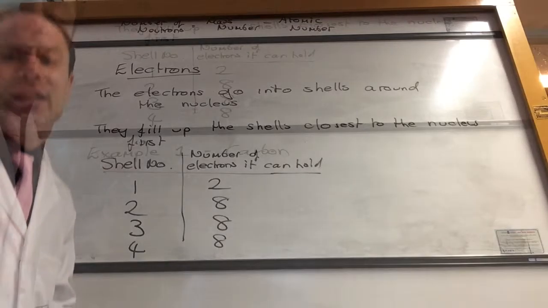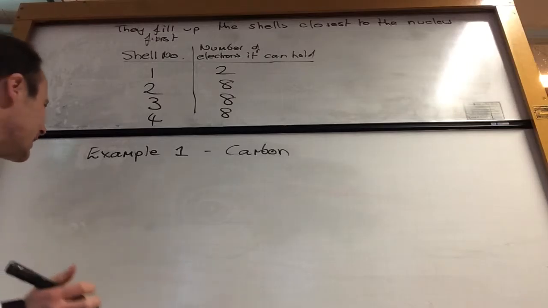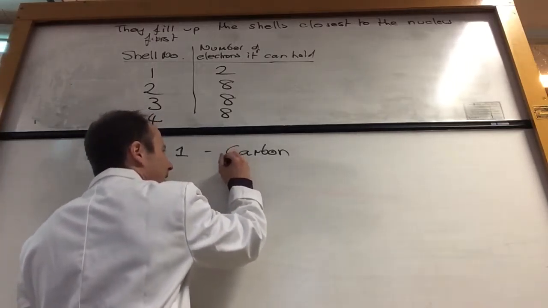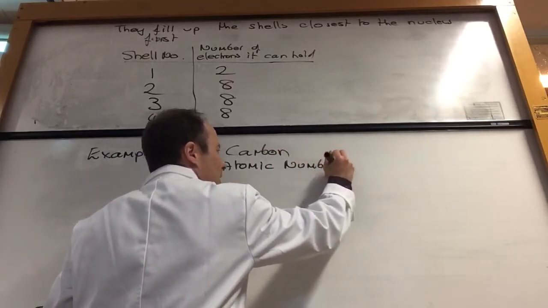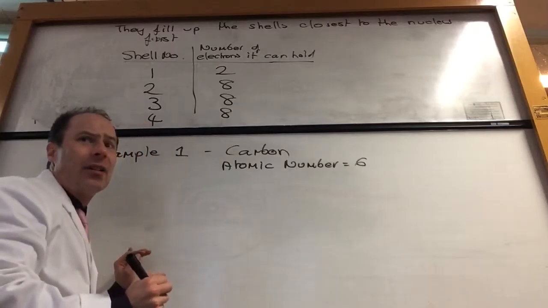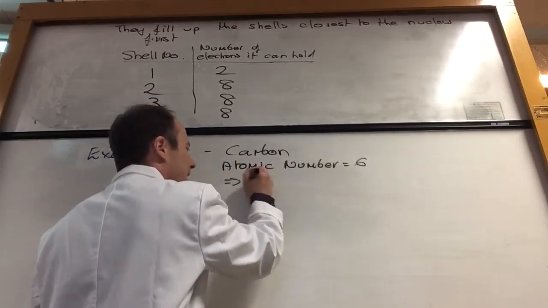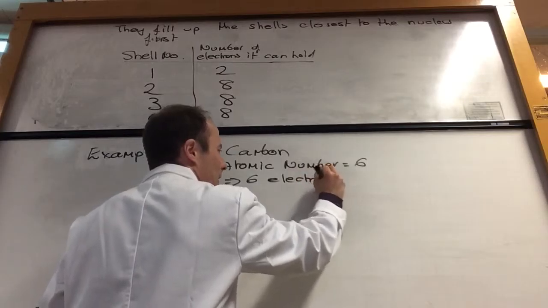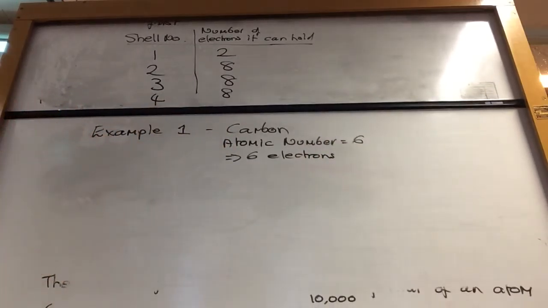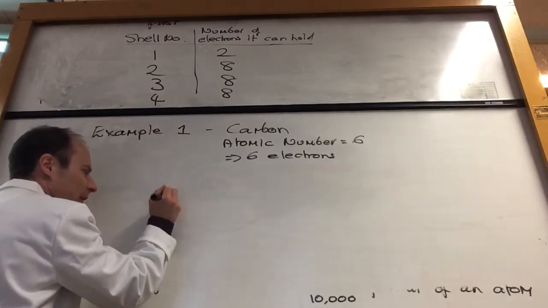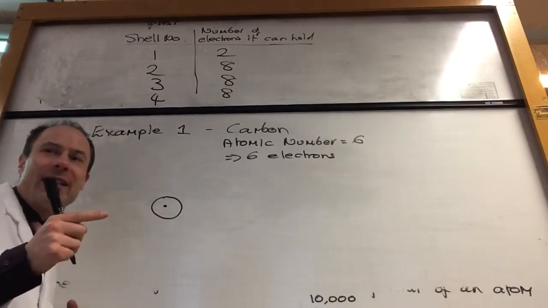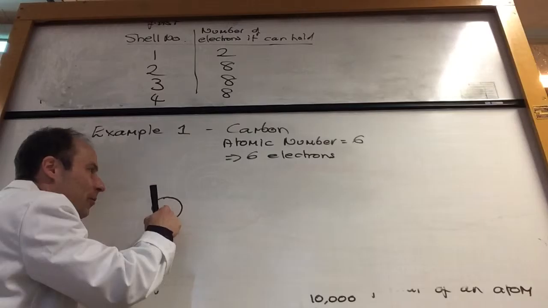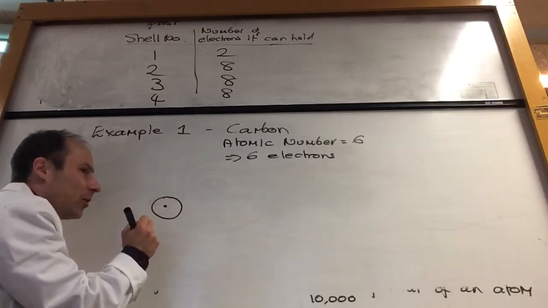So our first example that we're going to do is carbon. Carbon has an atomic number of 6. So how many electrons does it have? 6. Therefore 6 electrons, because the number of electrons must equal the number of protons, which is the atomic number. So if that's my nucleus, the way I describe it is I put little crosses as the electrons. So how many of my 6 electrons can go into my first shell? 2.